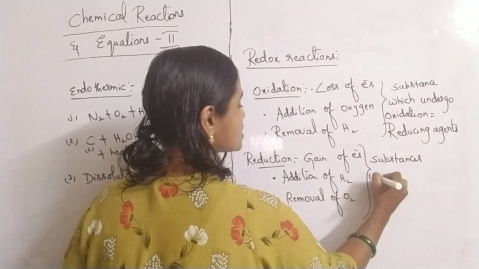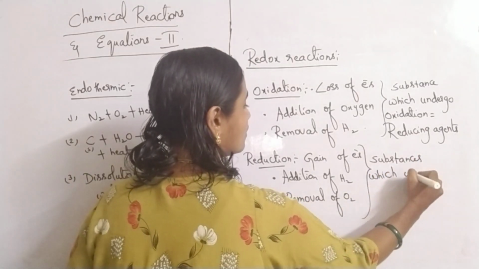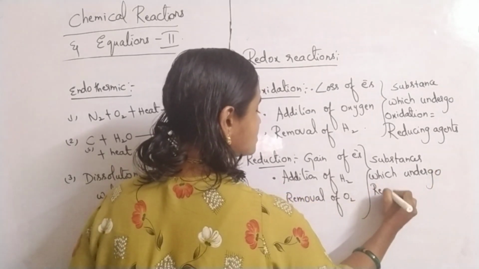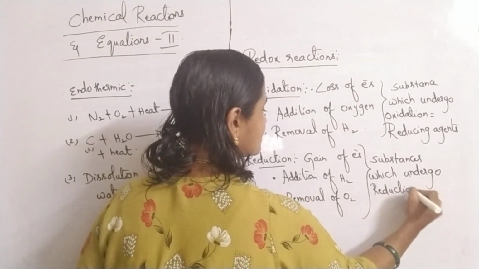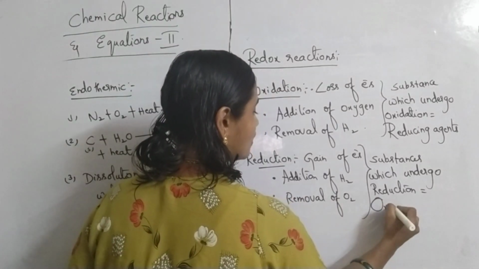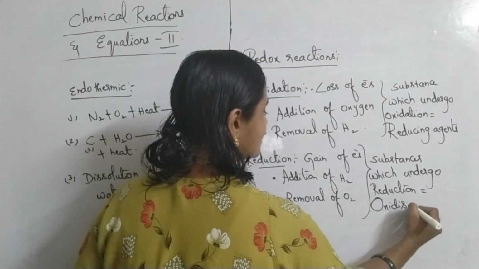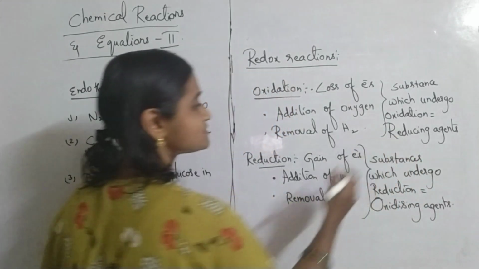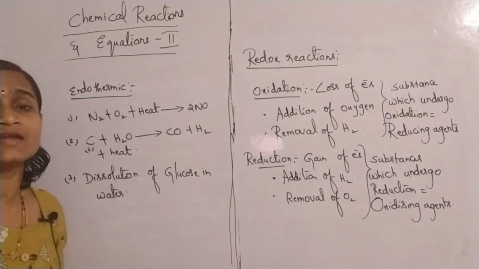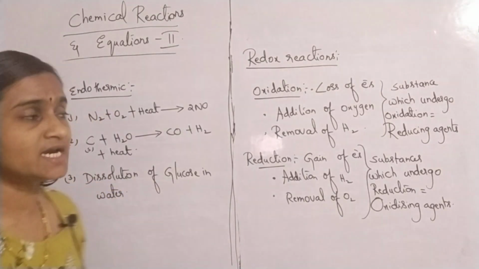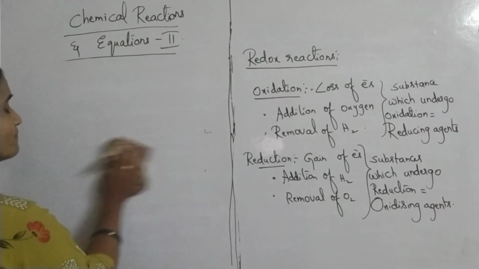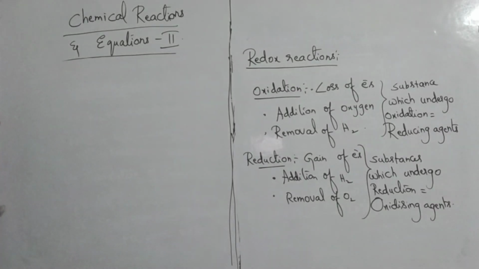Generally, metals are considered to be the best reducing agents. Please understand the point carefully. We'll see certain examples for redox reactions also.